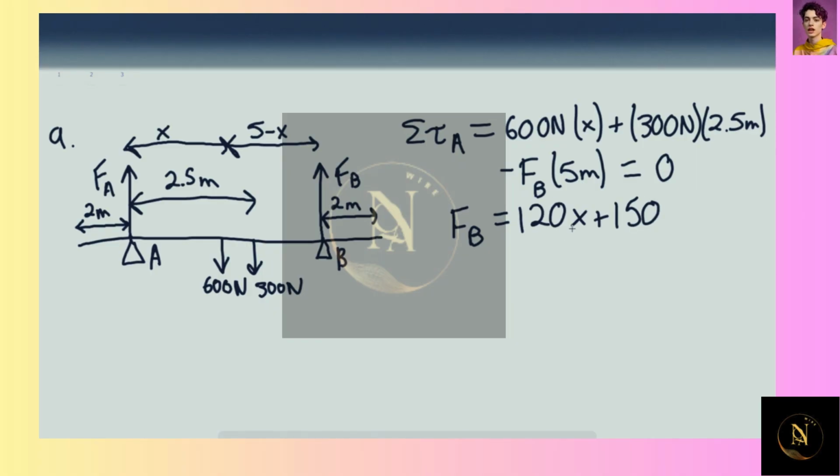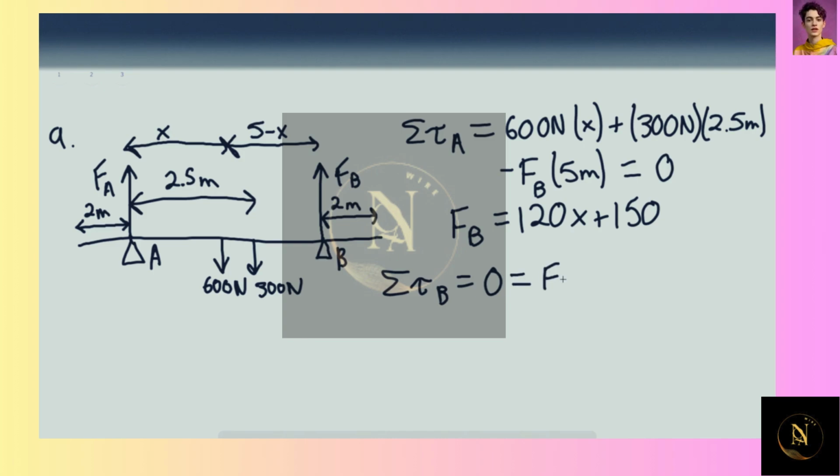So as you move farther and farther away from point A, we know that the force of B is going to increase. Let's do the sum of torques from point B. This is going to be equal to 0 because, again, we have rotational equilibrium.